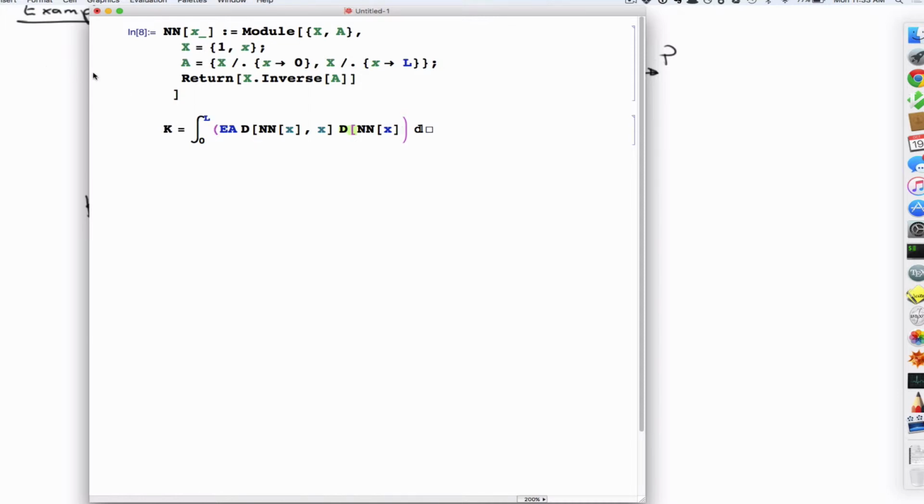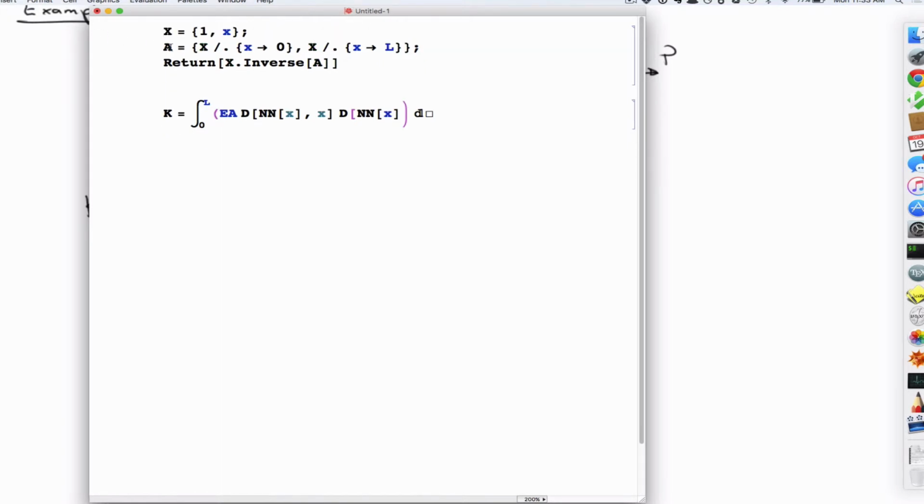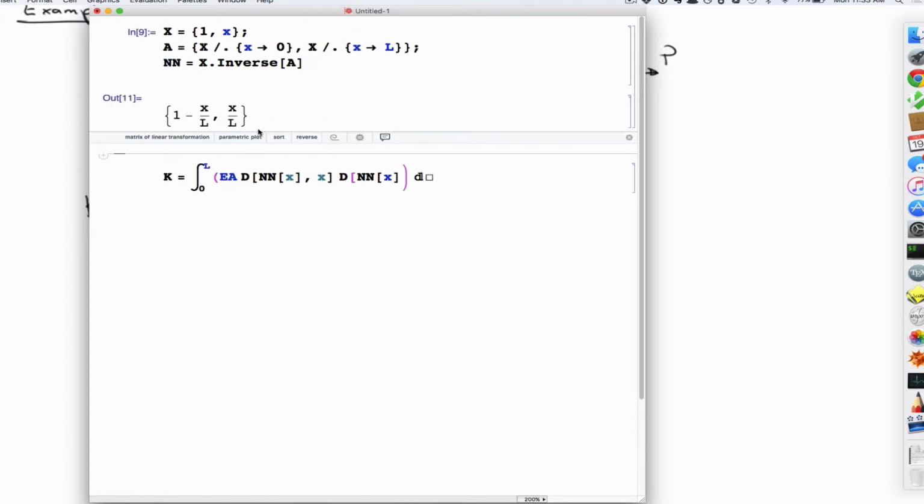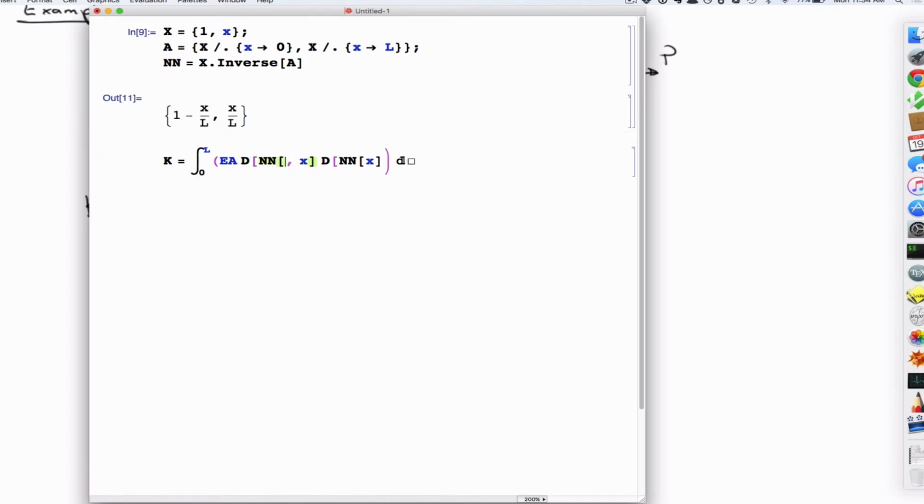You know what? I don't know if I even needed to do that. Let's go back. Everything I wasted time trying to figure out, let's just get rid of. Because I'm going to integrate the x's now, so I think I just need dnn dx, dnn dx.